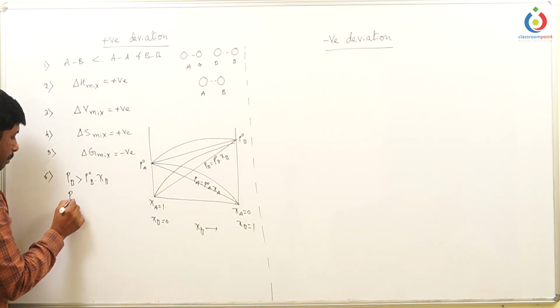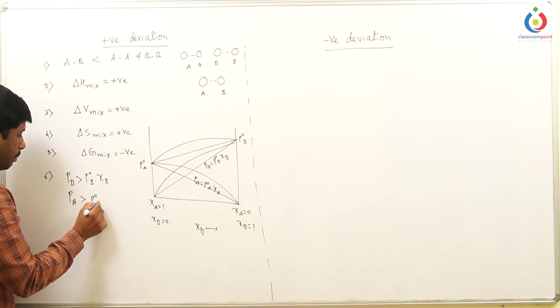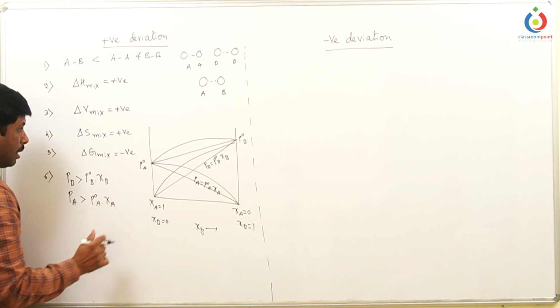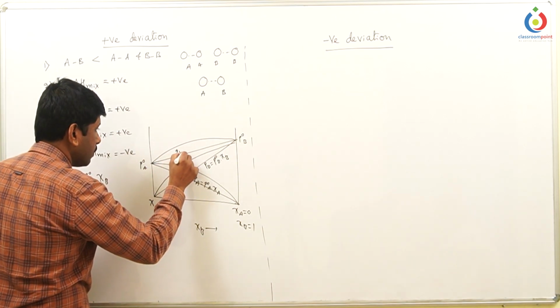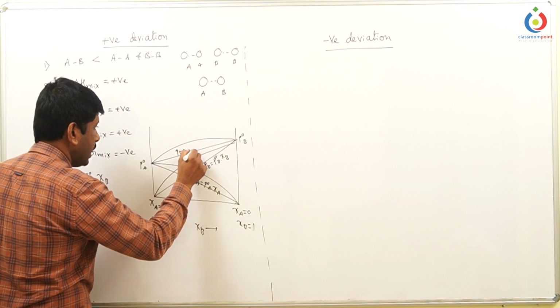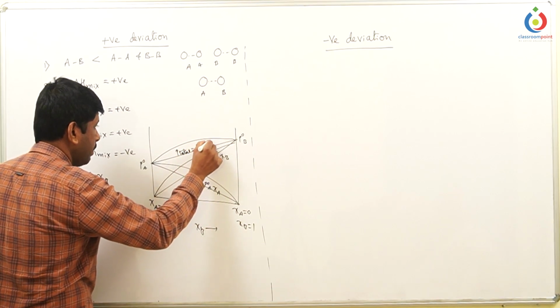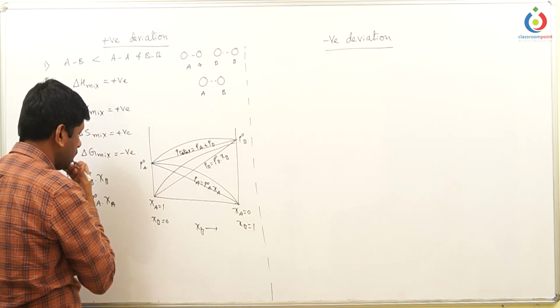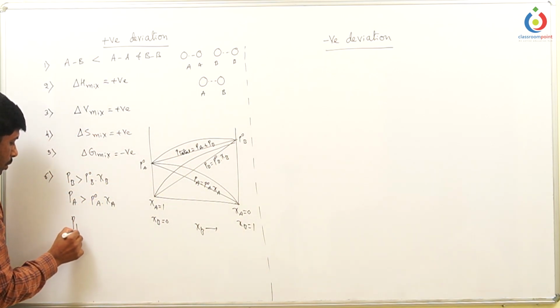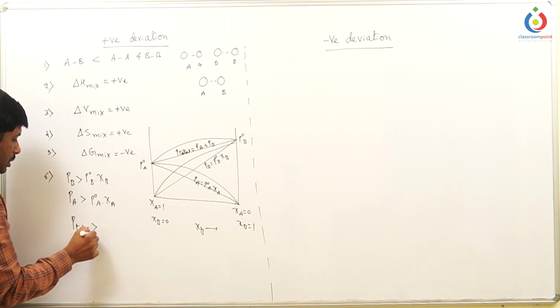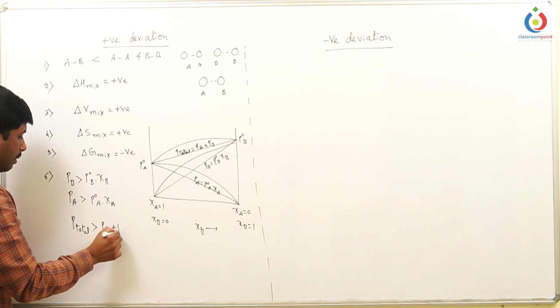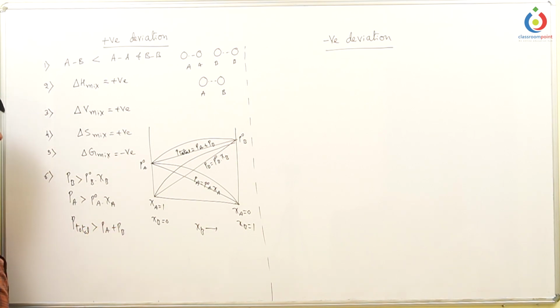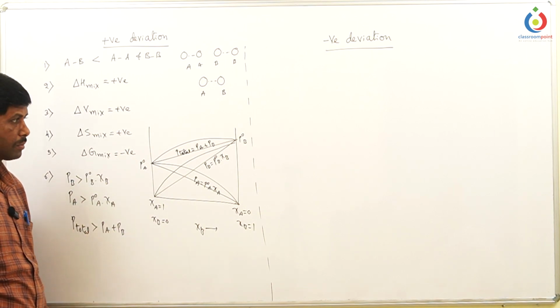So we can write down that PA is greater than P naught A XA, and the total vapor pressure, which we expected to equal PA plus PB, is now not observed. Why? Because the value is even higher than this expected value. That's why the total vapor pressure of the solution is higher than the sum of the partial pressures of both the liquids, PA plus PB.